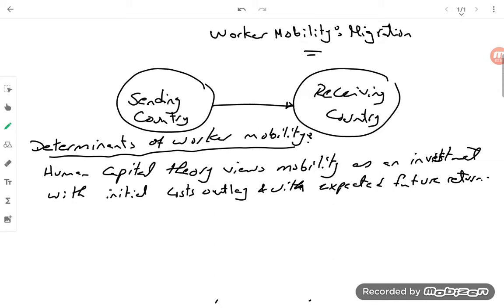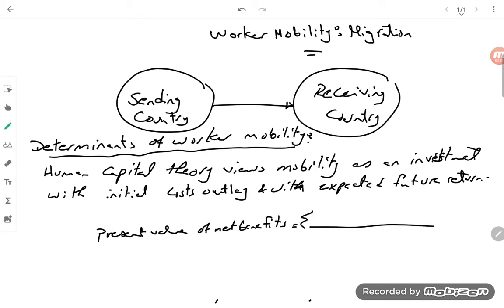So we can calculate the present value of net benefits as the summation from t equal 1 to T of benefits at time t divided by (1 plus the discount rate) to the power t, minus cost.